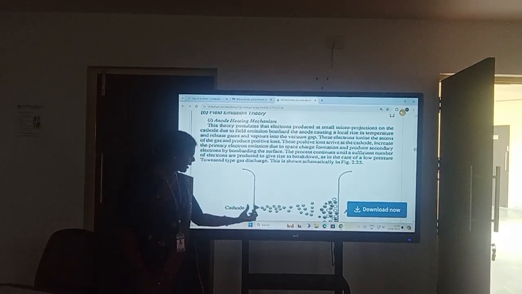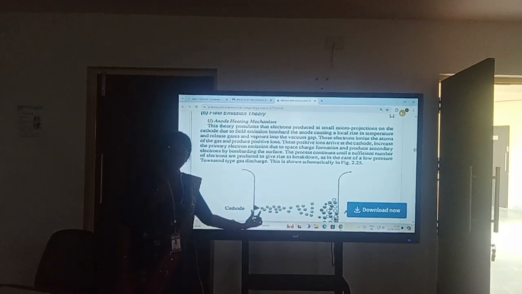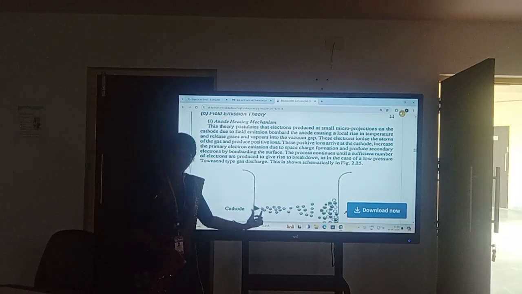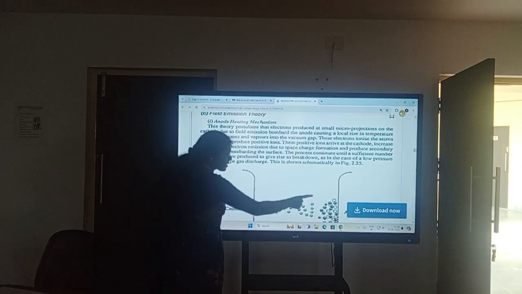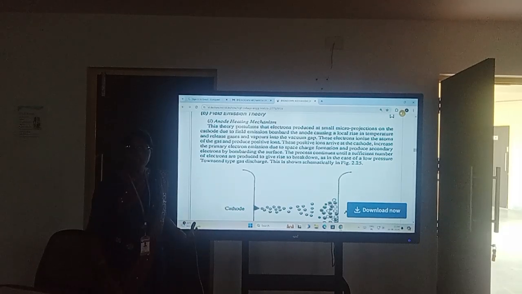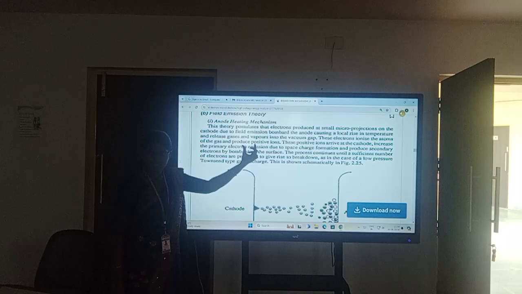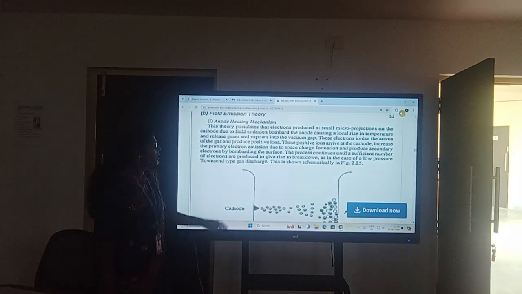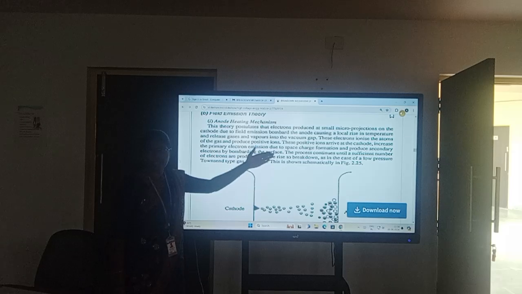We place electrons over the cathode, and due to the field emission, the temperature rises on the anode side. By that, a gas or vapor is produced at the vacuum gap.